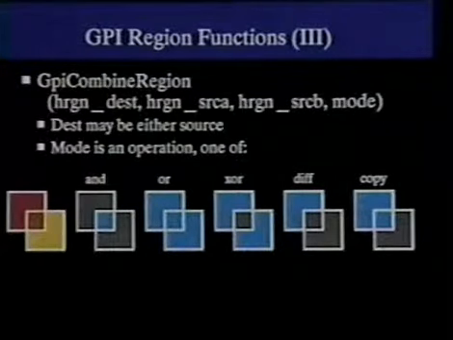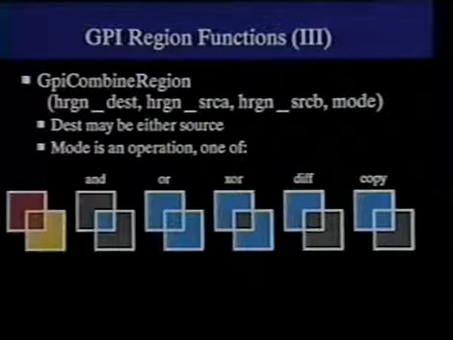The mode is the operator which specifies whether or not you want the intersection, that is the Boolean AND of all the rectangles which are common to both regions, whether you want the OR, that is the set of rectangles which is in either of the two input regions, whether you want the XOR, the exclusive OR, which is the set of rectangles that are only in one and not in both.